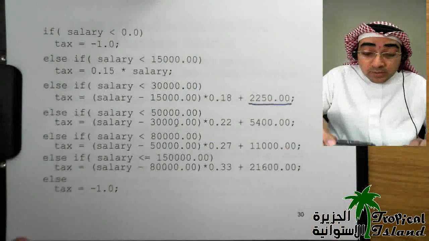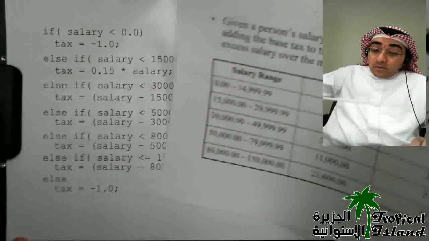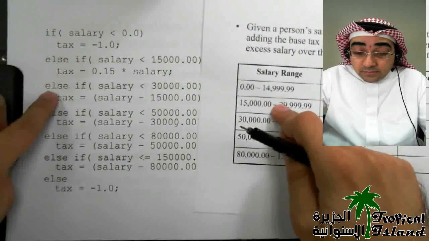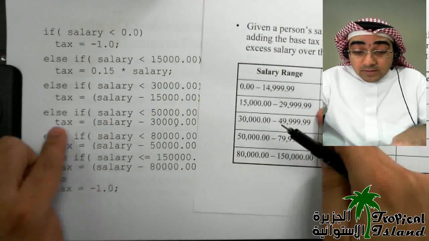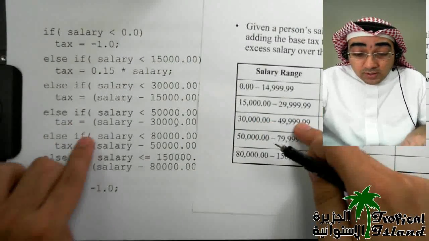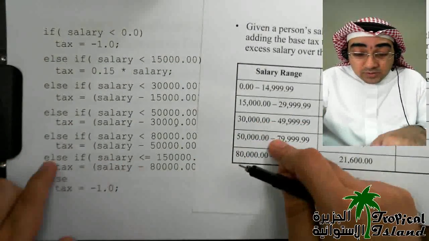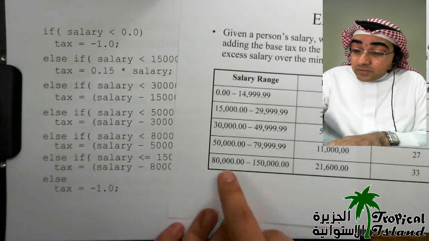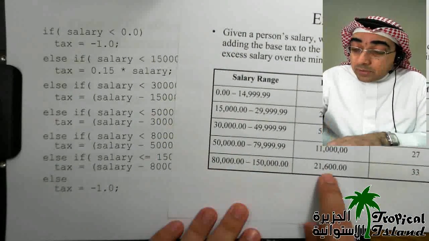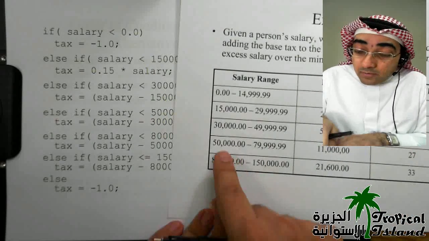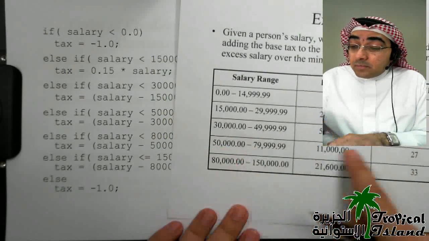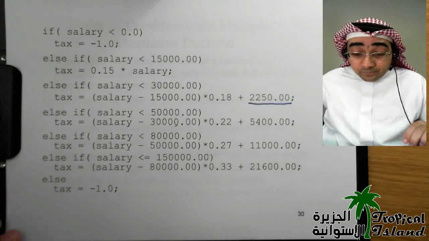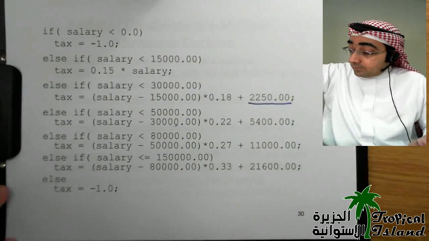And going on, this else if is for this condition, this else if is for this condition, and so on. You calculate the percentages of your salary minus the base, plus the fixed amount, and going on, we have put them all together.